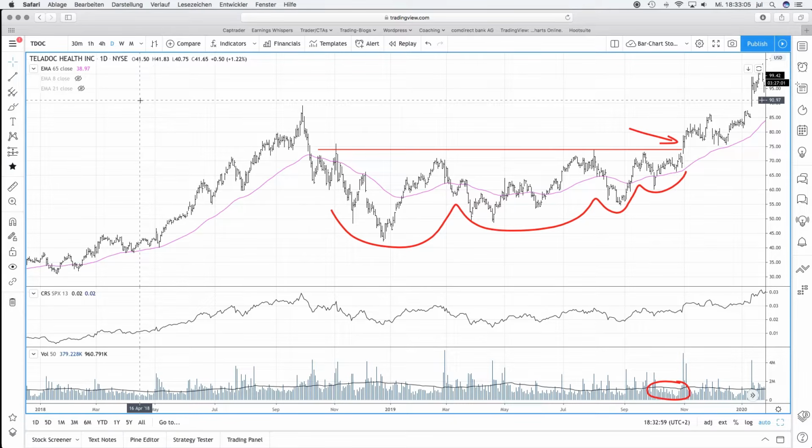So, if you really want to hit some home runs in stocks and want to participate in a larger trend, then you must see that there is not only a technical chart pattern, but also a great fundamental background and a great story behind the stock.